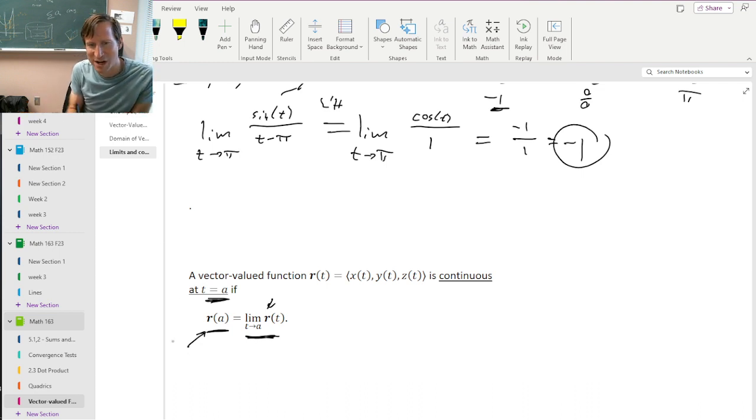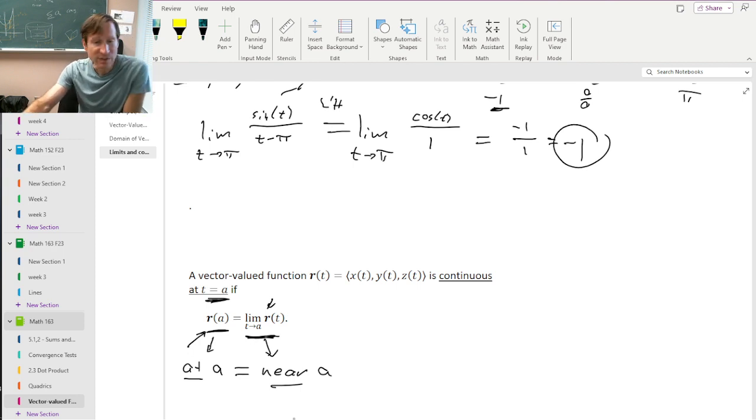The way to think about the definition is that r of a is what happens at a, and the limit as t goes to a of r of t is what happens near a. Being continuous says that what happens at a is equal to what happens near a.